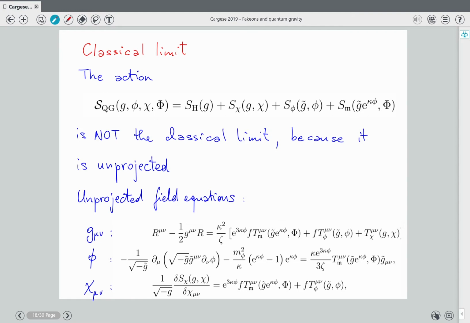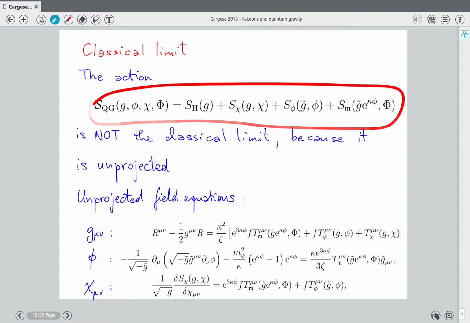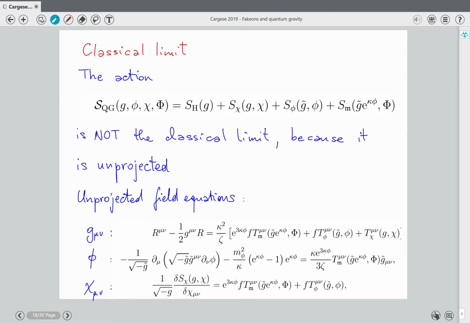Because many of the things I told you survive the classical limit, and so we can also start raising some questions that we might even be able to answer. For example, what about the classical action we started with, the higher derivative action? That's not the classical action of my theory, because it contains extra degrees of freedom that should be projected out. So there is a new quantization procedure here. Normally, the starting classical action is the classical action.